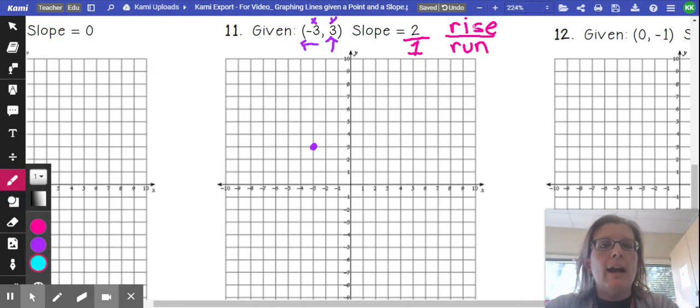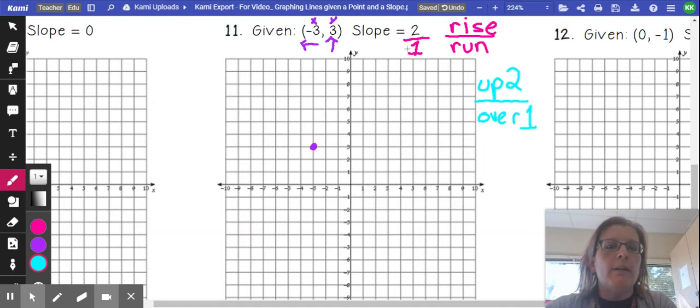I know that a rise of 2 tells me the direction. A rise of 2 tells me that my line is going up 2. A run of 1 tells me that it is going over 1.